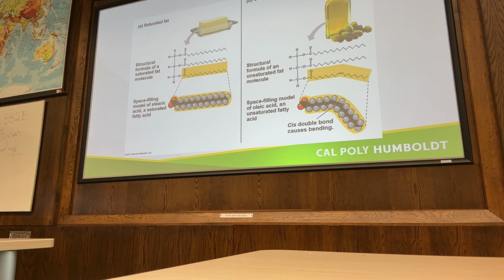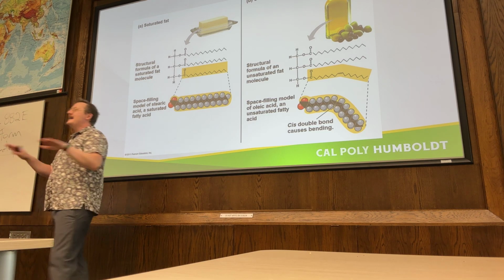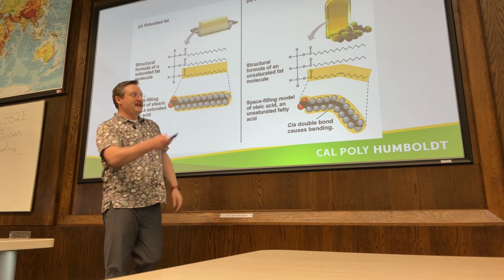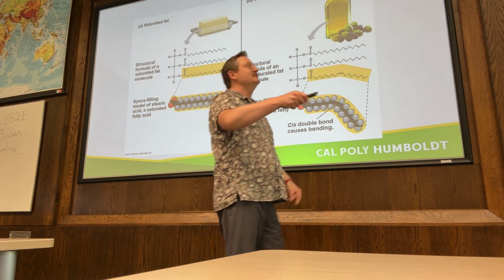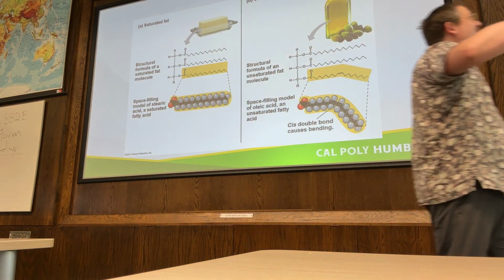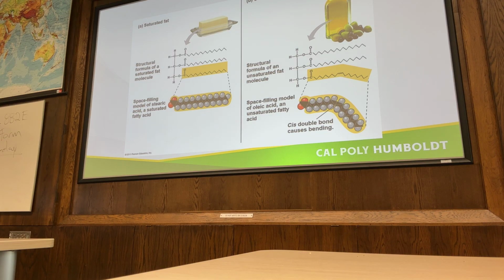Your blood is an aqueous solution. So these molecules are already insoluble in that aqueous solution. So if they can pack tightly and become super stable, like in a saturated or a trans fat, well, then they can glob together, get stuck in your bloodstream, get stuck in your body, form plaques, no good.